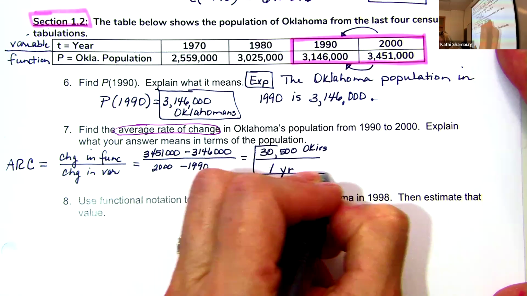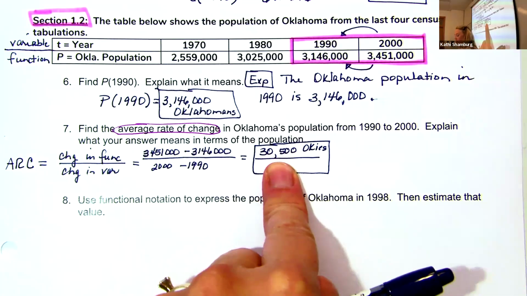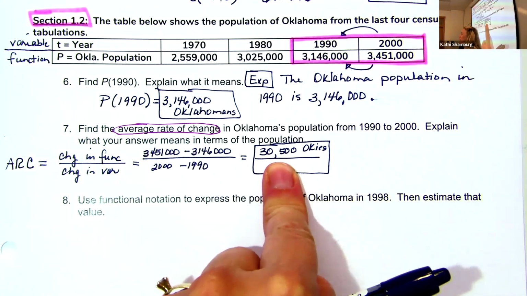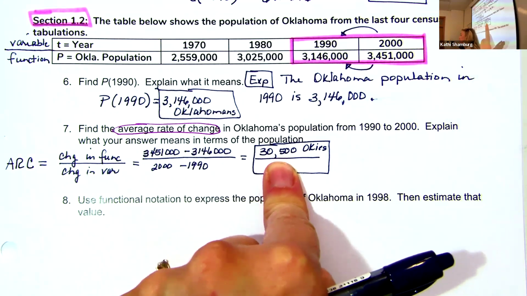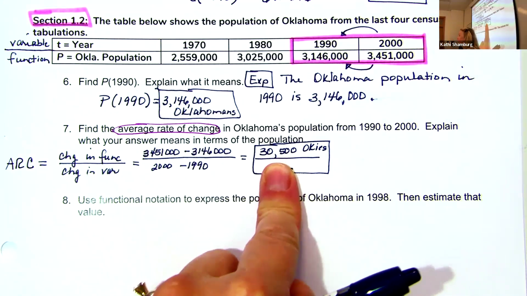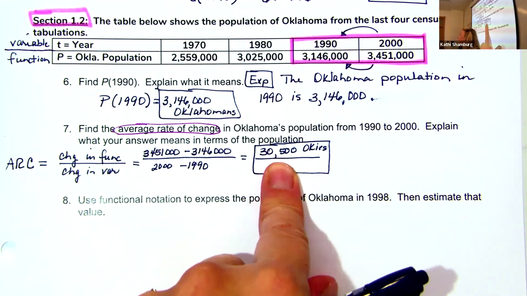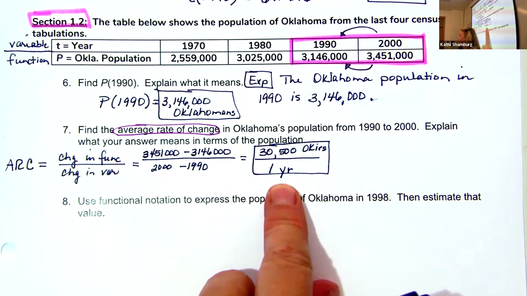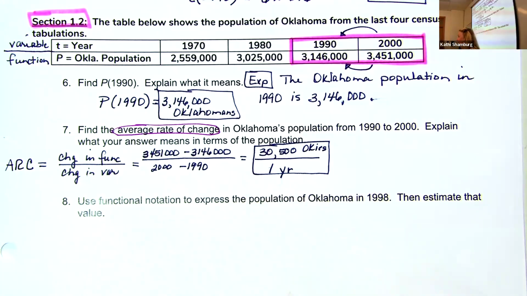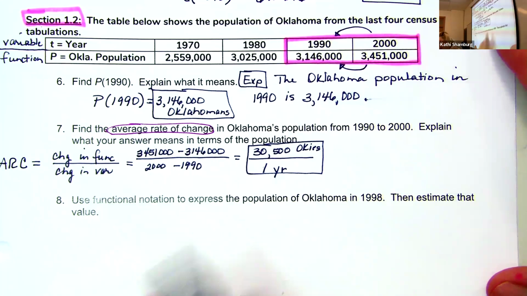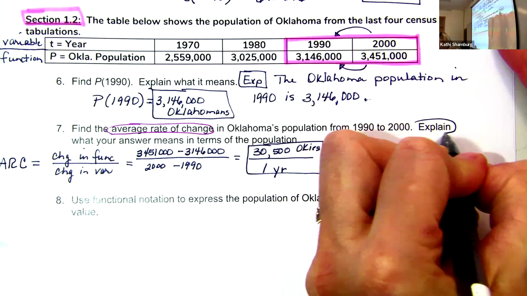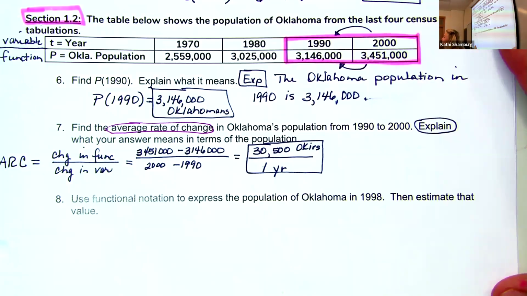Now, if you gave me 30,500 Oklahomans and wrote out per year, that means the same thing. You would get full credit for that. Okay, but if you just give me 30,500 and you don't show per year or over 1 year, I will count off.